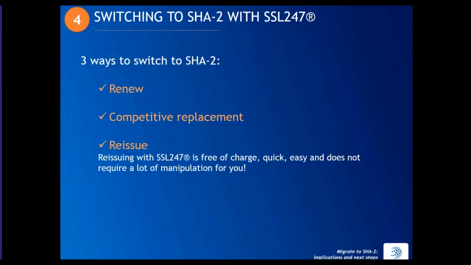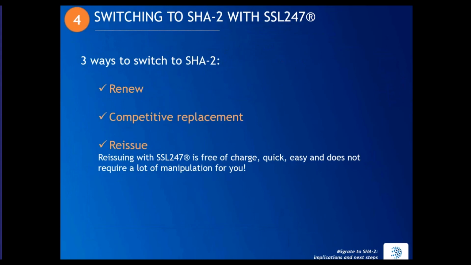So we will add up to 12 months onto your new certificate, whichever time you have remaining on your current SSL certificates. Okay, so we will do a competitive replacement on your SSL certificates by adding the remainder of the time onto your new certificates, which is up to 12 months.